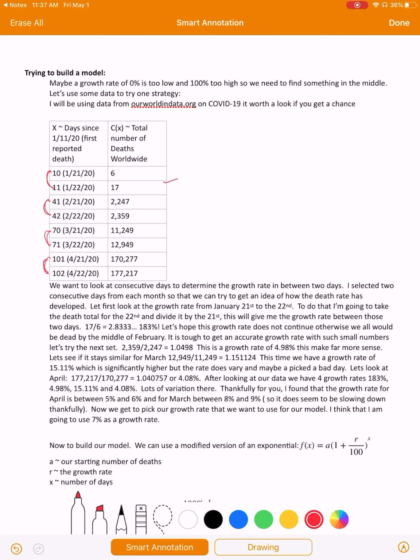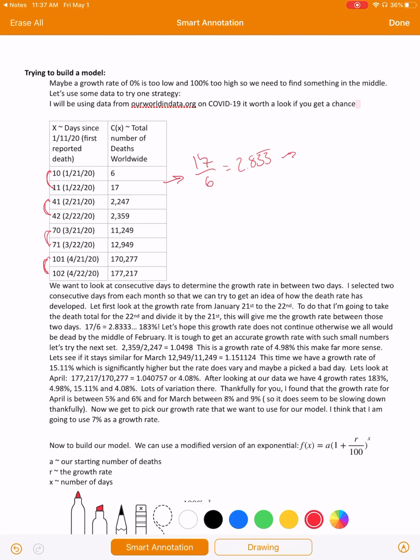To do that, I take one day and divide it by the total number of deaths the previous day. So I take 17 divided by 6, which is 2.833, right? And to get a percentage out of that, I subtract 1.